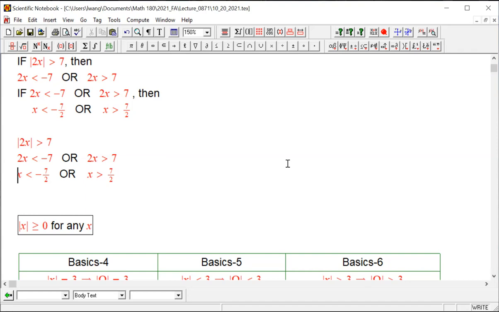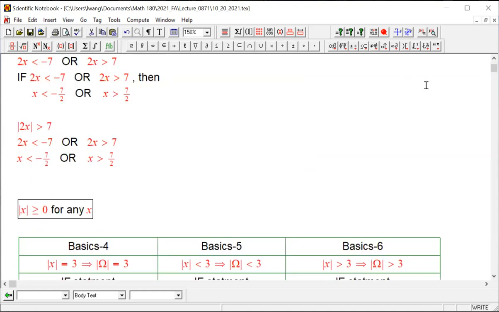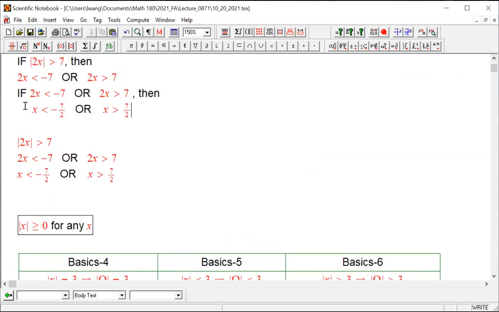But we make it shorter. But in your head, you need to say, if this is true, then this. In your teacher's head, in my head, this is how I read it. If this is true, then that.